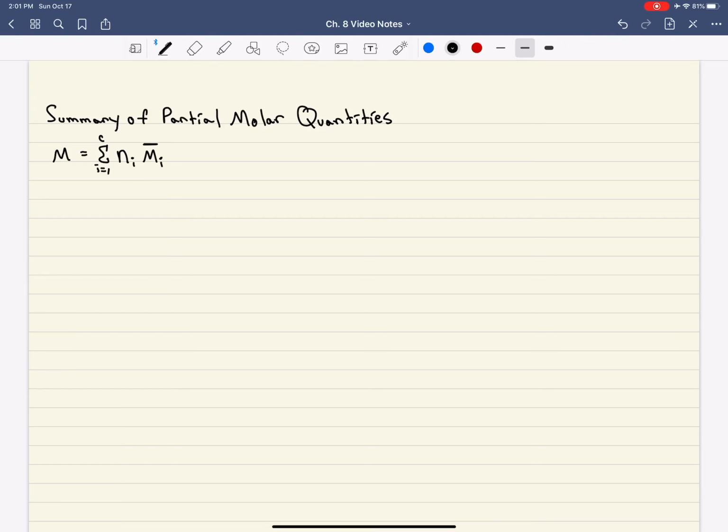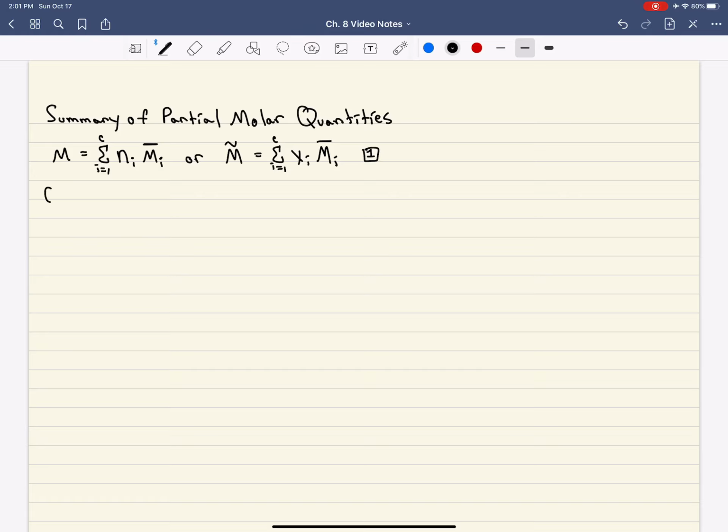We could also write it in terms of the molar property of the entire mixture. It's just going to be the sum of the mole fractions times mi bar. So that's the first important equation.